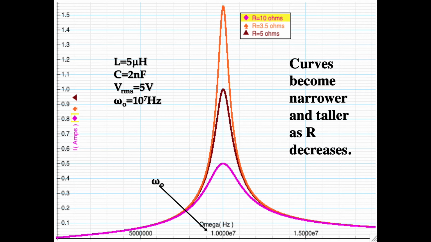So you see in that graph, the magenta graph, the one that's wide, that's 10 ohms. And the orange one is at 3.5 ohms. And notice how much narrower it is. And here, in this graph, I'm plotting current as a function of omega.